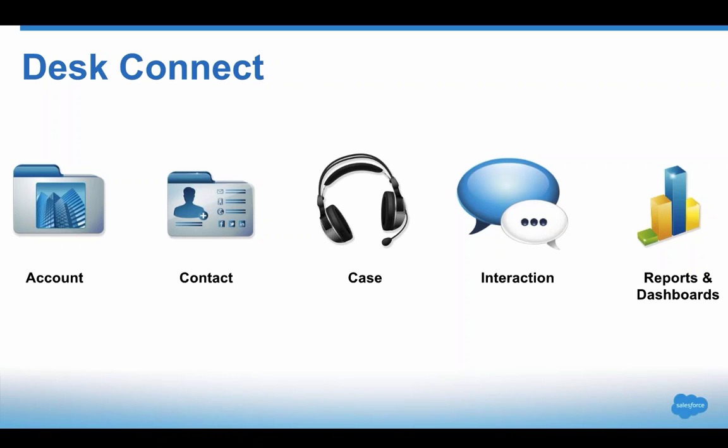And that means the case, the contact, and the account. Now, we did have an old integration with Salesforce where we used the custom case object in Salesforce, but now we use Desk Connect, and with that, it's the standard case object in Salesforce. Now, it is complete out of the box, so you can take care of all those canned reports that you're used to running in Salesforce.